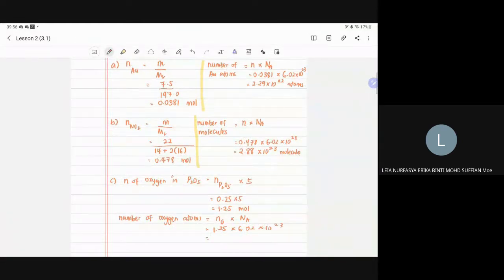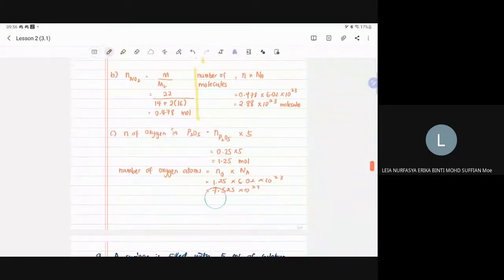And you should get 7.525 times 10 to the 23. Kalau kamu jawab 7.53 times 10 to the 23 pun betul juga atoms. So this one ataupun this one, kamu dah gunakan pun tak ada masalah.